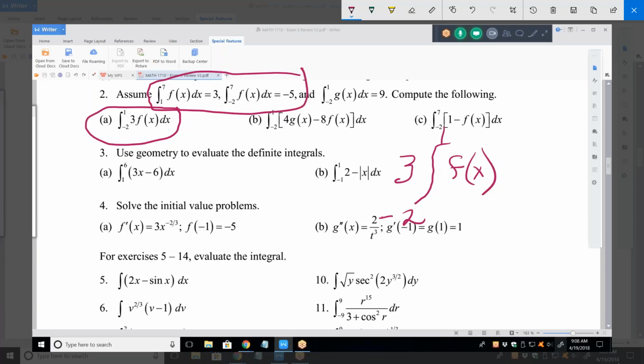Let's lay out the formula. Here's what we got. The integral from -2 to 7 is going to be the same as from -2 to 1 plus from 1 to 7. Correct? In other words, this is really where we should start, how we are going to split these things up. Then you don't ever have any question about whether it's subtraction or addition.